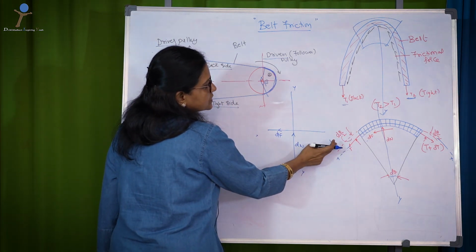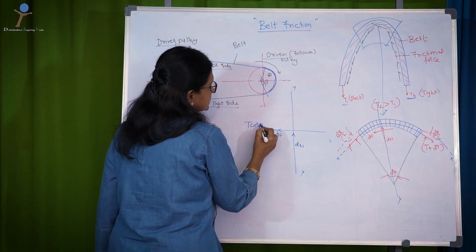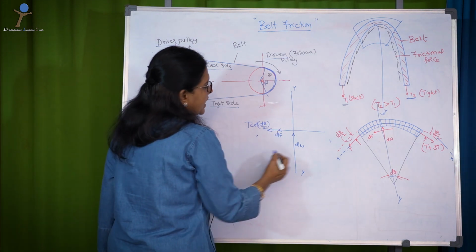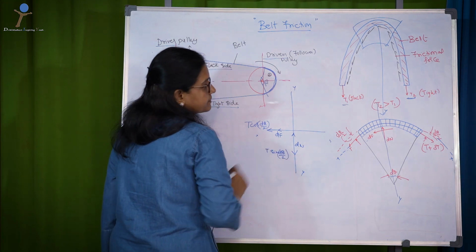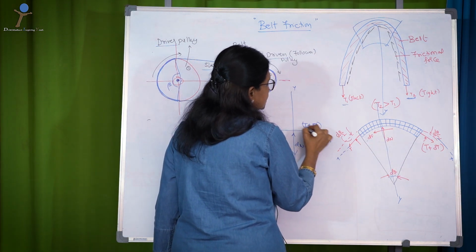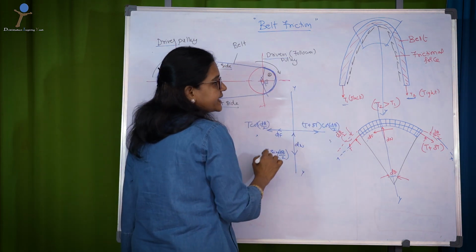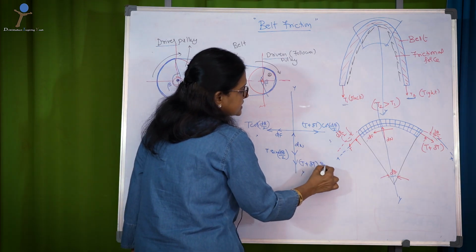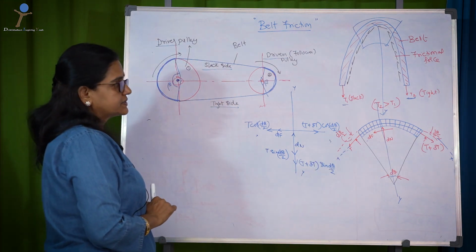Then I resolve this to T cos d theta by 2 in the horizontal direction and T sin d theta by 2 in the vertically downward direction. Here it comes as T plus delta T into cos d theta by 2 in the horizontal direction, and then T plus delta T into sin d theta by 2 in the downward vertical direction.